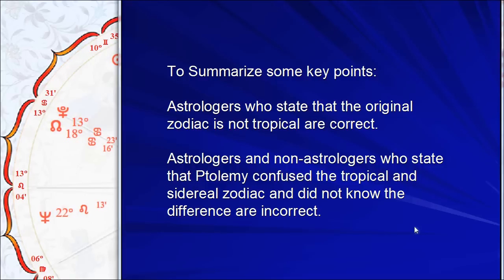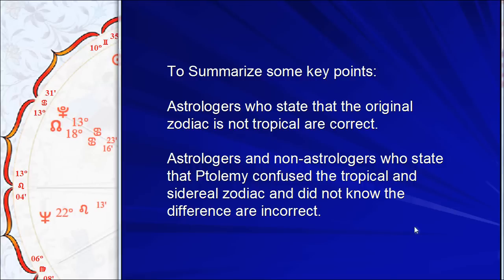Okay, so the bottom line is that both sides on this argument are correct. It's really a matter of how you think of it. When astronomers say that astrologers don't understand that their zodiac is anywhere from 23 to 30 degrees out of sync with the actual real zodiac, that's incorrect, because Ptolemy, who wrote this work, now known as the Tetrabiblos, understood that he was doing a tropical zodiac that's different from a sidereal zodiac, and that's been inherited.